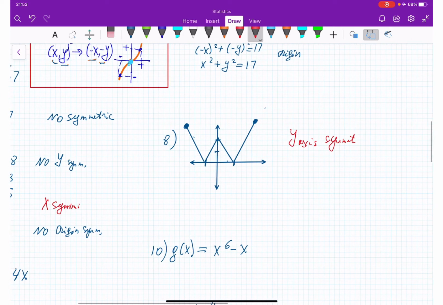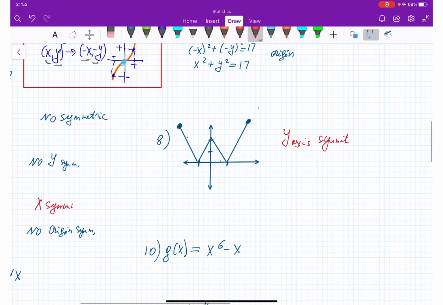So for odd, okay, let me write down. For odd, f of negative x is supposed to be equal to negative f of x.